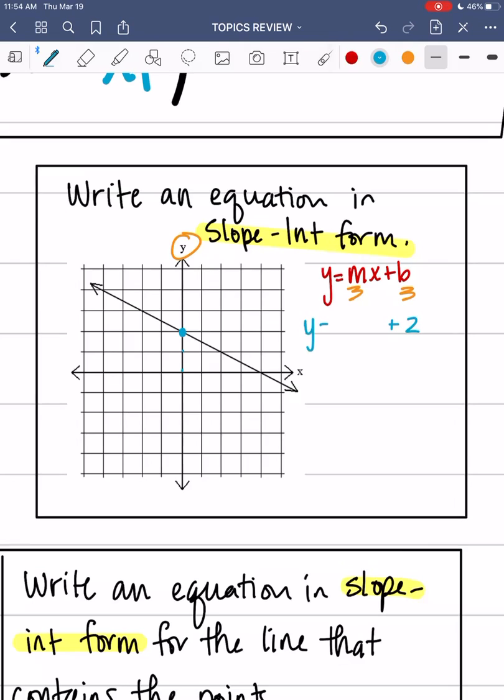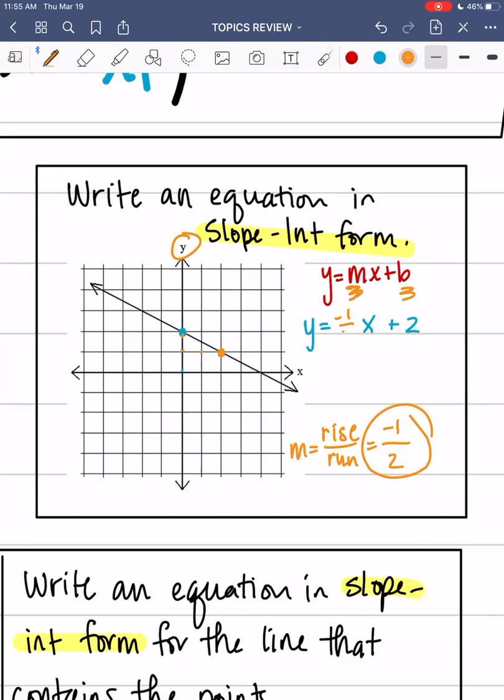We have y equals something x, so I still need to get the slope m. We can just count this. Here's another nice point. Slope m is rise over run. So for the rise, we have to go down 1, that's a -1, and then we have to run 2. So -1/2 is our slope.